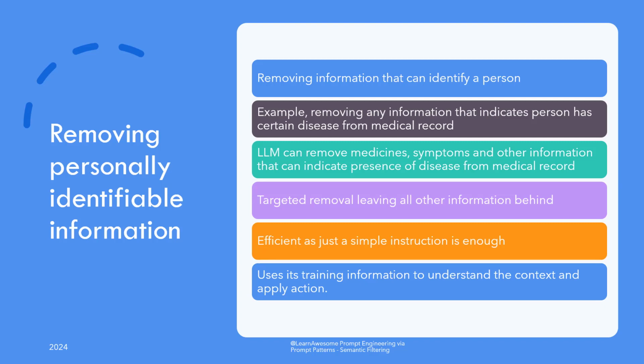Even better, you can instruct it to provide reasoning for why it is removing certain information, and it will provide you detailed information on how someone could use certain information to identify diabetes symptoms like increased thirst and fatigue, or medicines usually administered to diabetes patients. I don't think I can come up with a better example for this pattern myself.